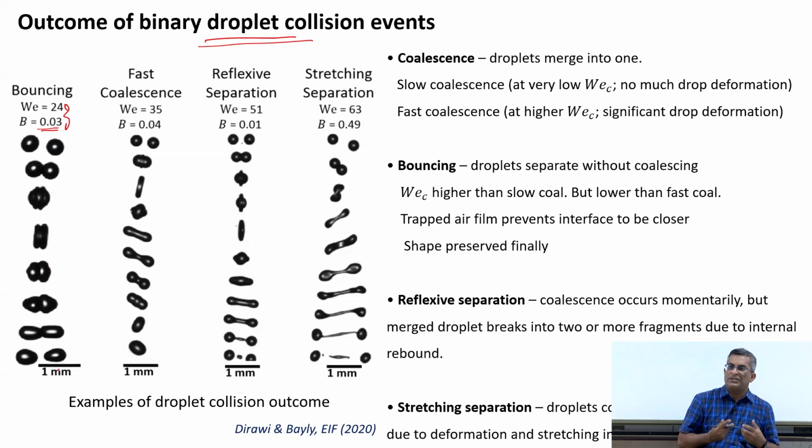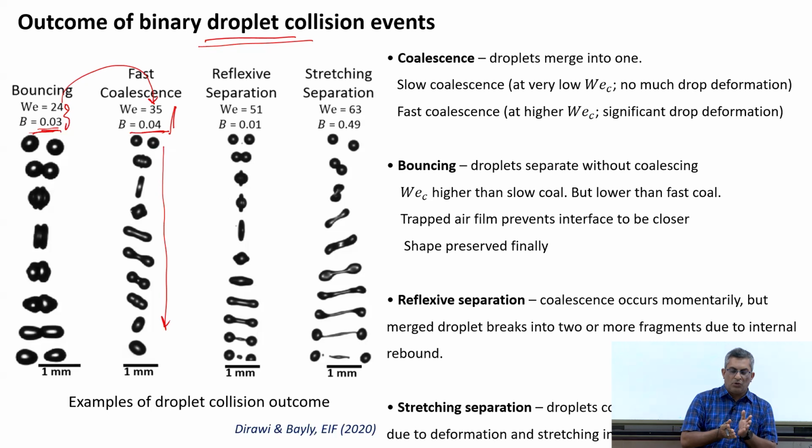This means that some energy is definitely used in this process, but somehow the energy is recovered again. In this case, the impact parameter does not change much, but the Weber number is now higher. So, now we have fast coalescence. The two droplets are coalescing with each other.